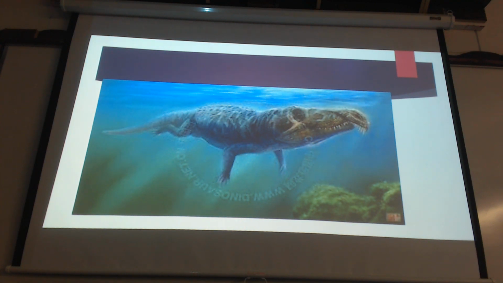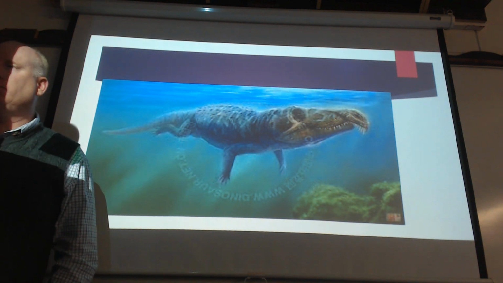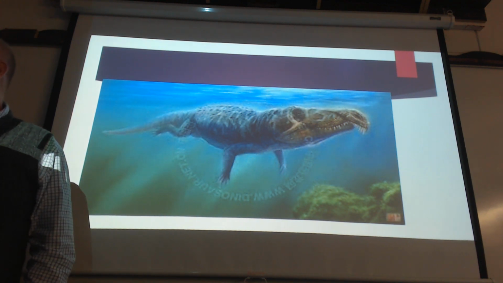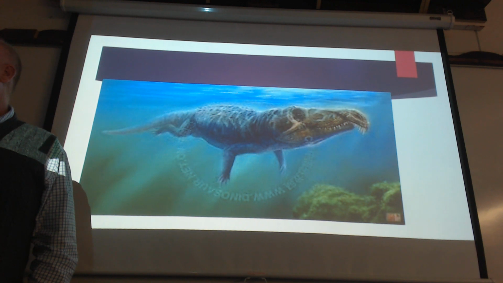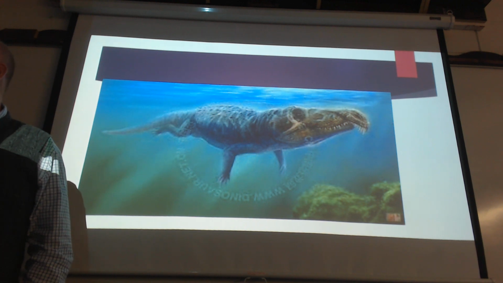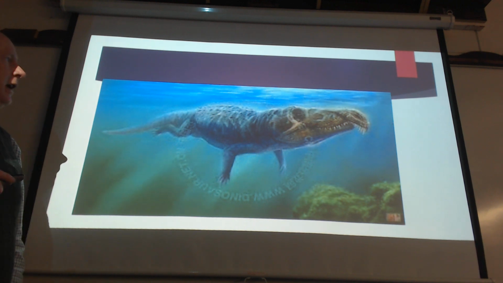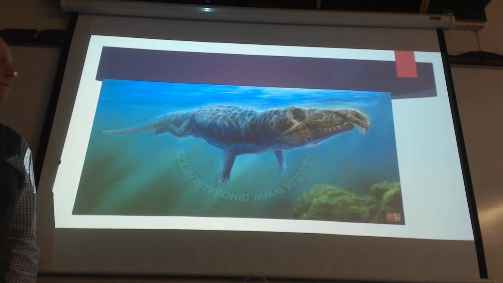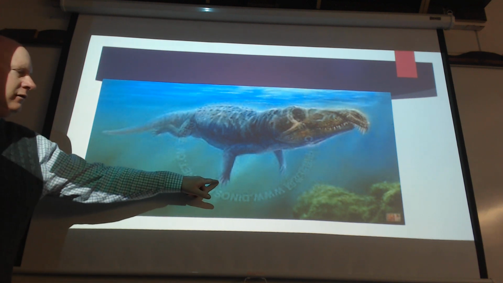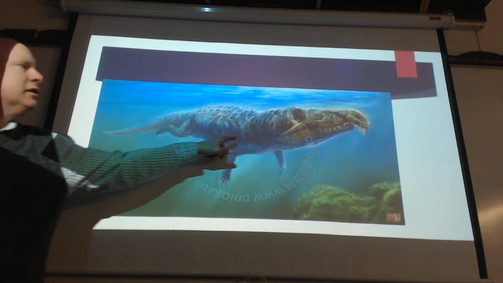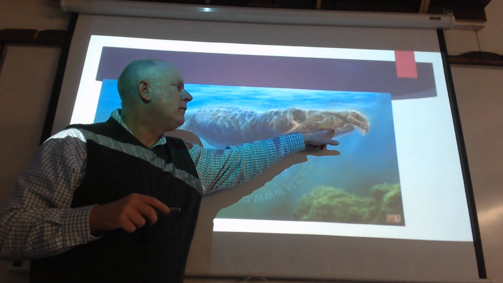This is what? Chasmatosaurus. What type of animal would that be? Aquatic. Is it amphibian or reptilian? It's reptilian. Why would that be? Not only that, look at these teeth.